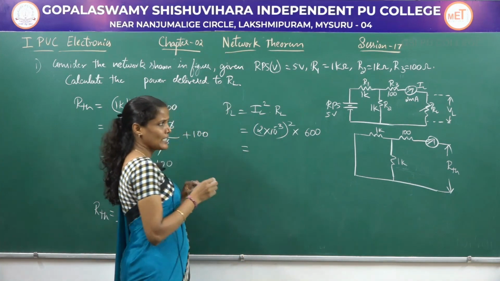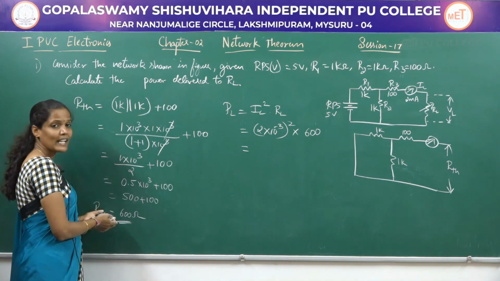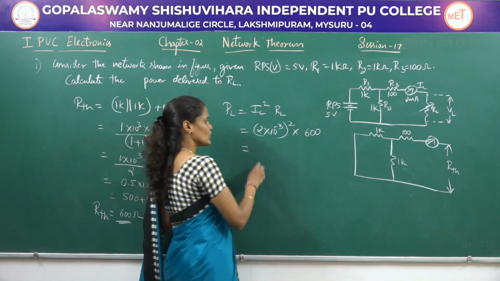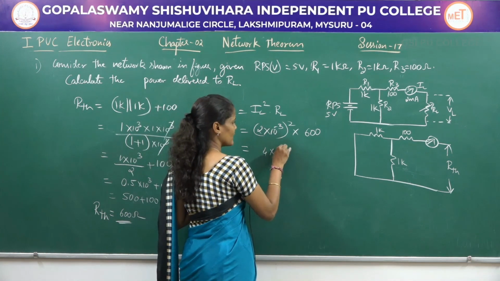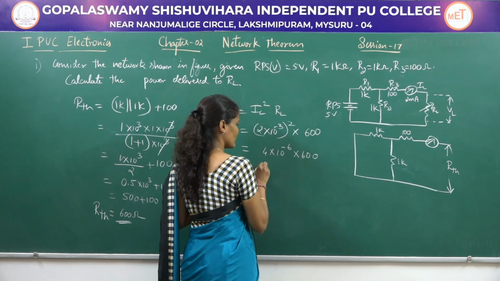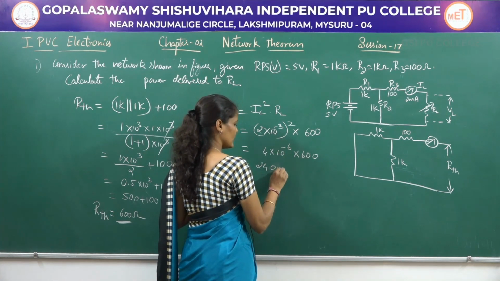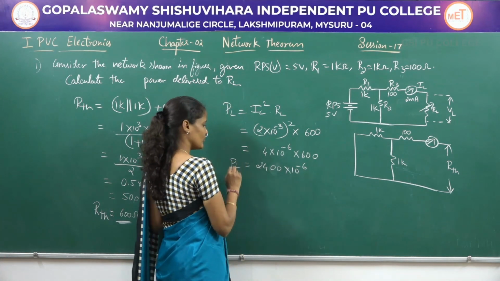So, here RL value is not mentioned. You have to find out RL value by finding this R Thevenin value, which is same as that of the load resistance. So, 2 into 10 to the power of minus 3 whole square gives me 4 into 10 to the power of minus 6 into 600. So, 6 4s are 24, into 2400 into 10 to the power of minus 6. So, this is equal to PL.